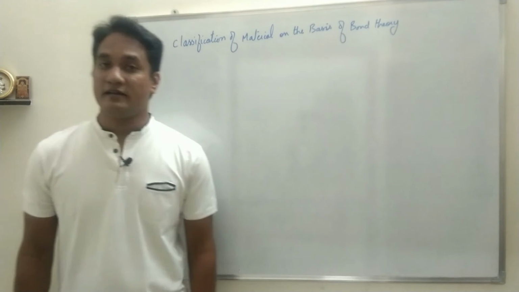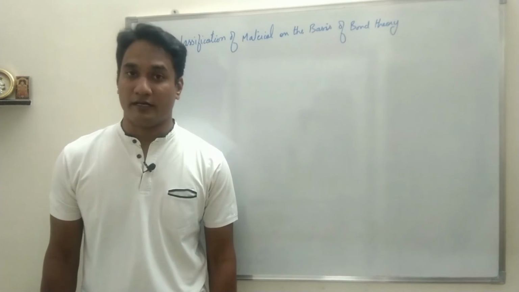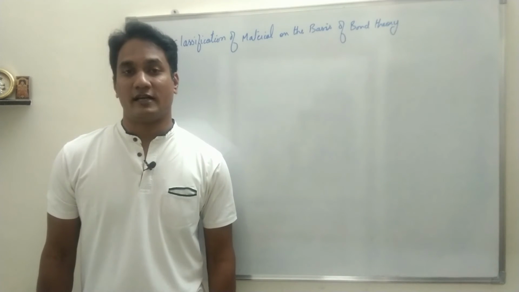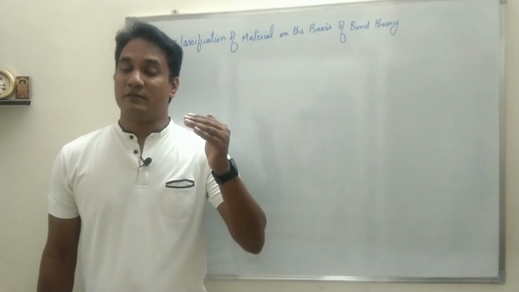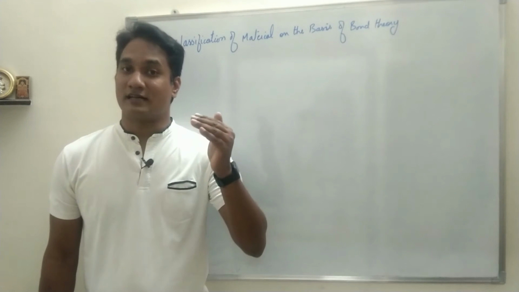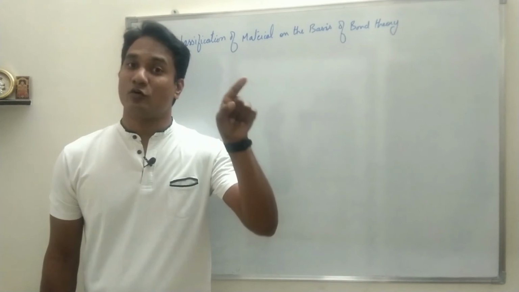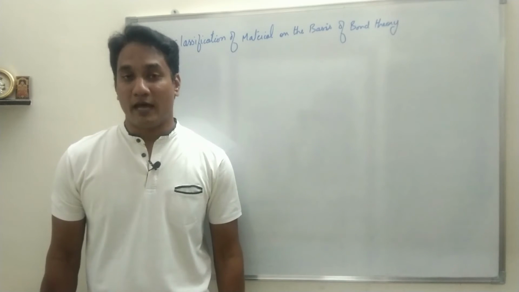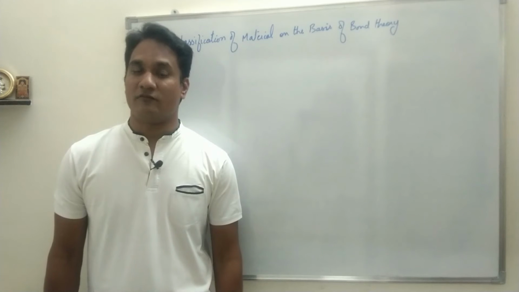Energy band is the range of energy possessed by electrons in any particular orbit, and if the electrons are present in the outermost orbit it is called valence band. When these electrons are detached they become free electrons, called conduction electrons, and the energy possessed by the free electrons which are going to conduct is called conduction band. So we have to classify the material on the basis of band theory.